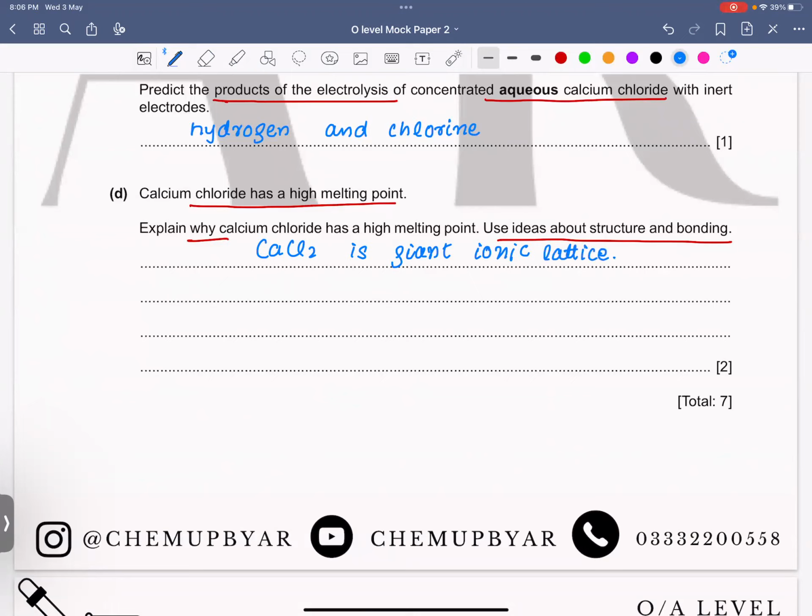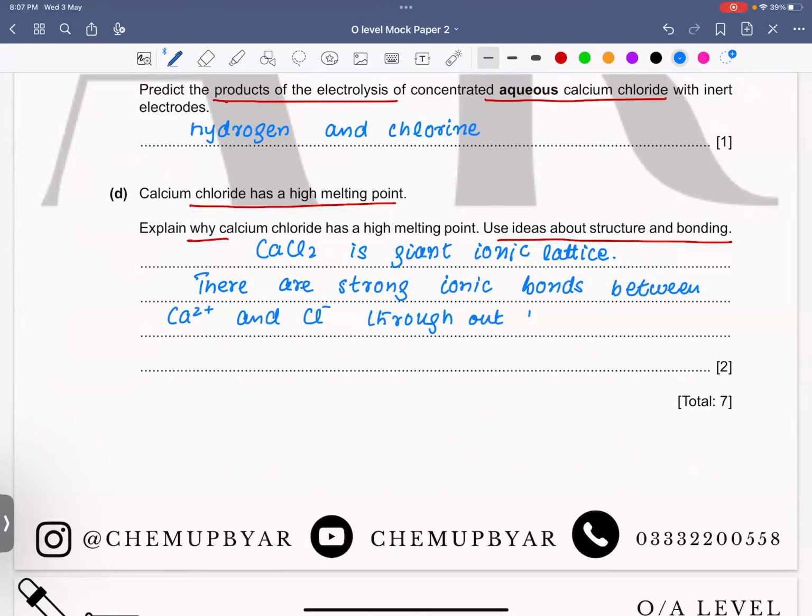Now, for bonding, I would write that there are strong ionic bonds between calcium ions and chloride ions throughout the structure, or throughout the lattice. Is this clear?